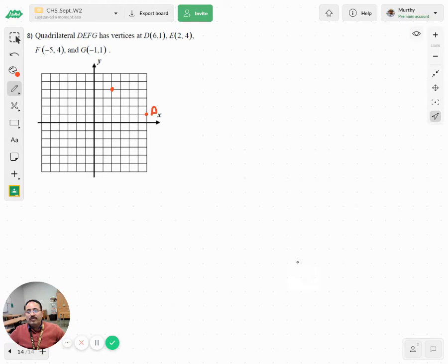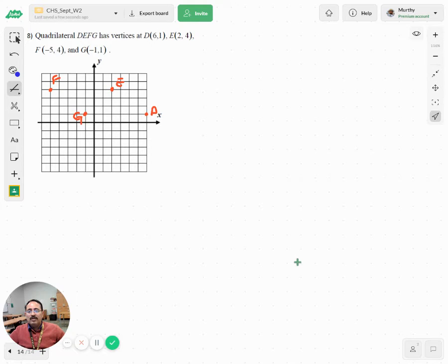This is (2, 4). And next F is (-5, 4), and this is F. And next G is (-1, 1). So x is -1 and this is +1.